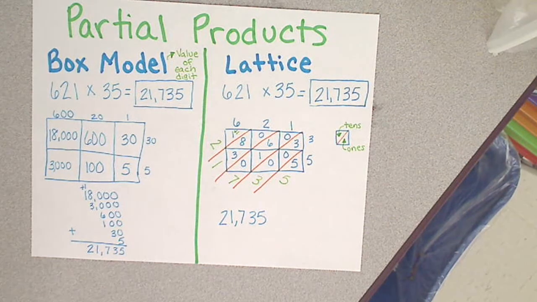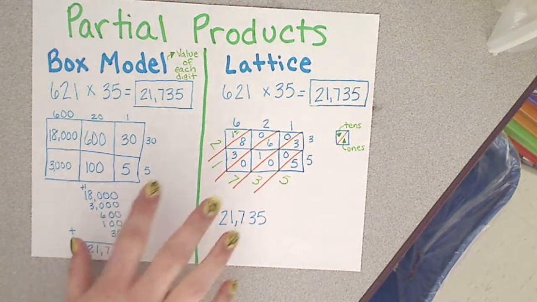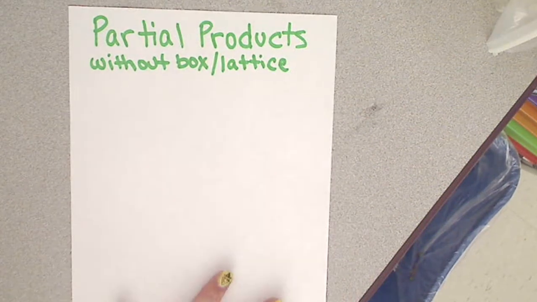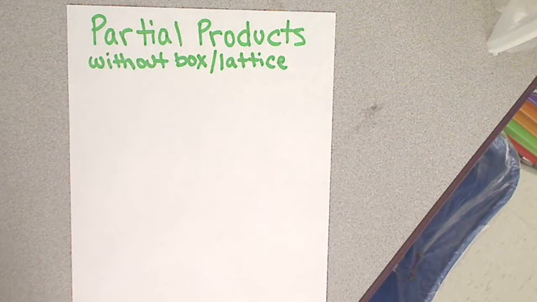All right, so we're going to set this to the side, and we are going to continue on to partial products without using a box or lattice. I'm going to use my paper vertically this time. It's easier for me this way.